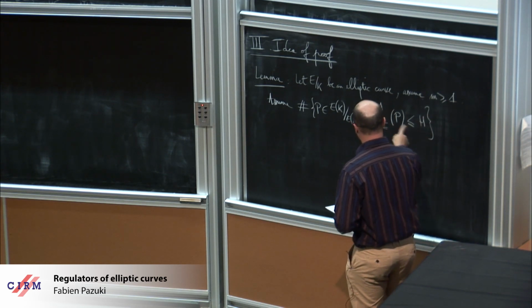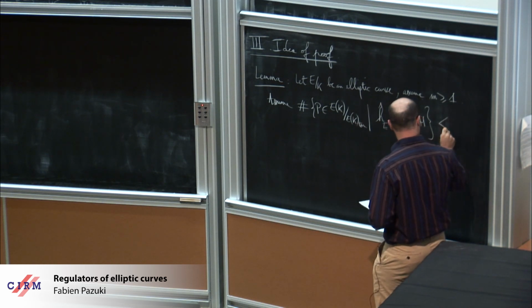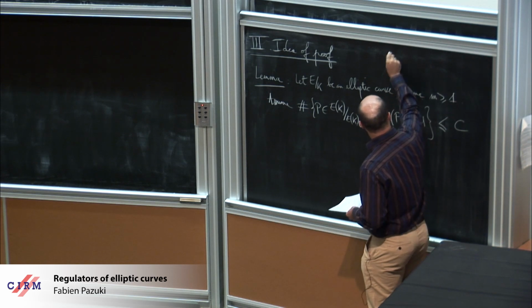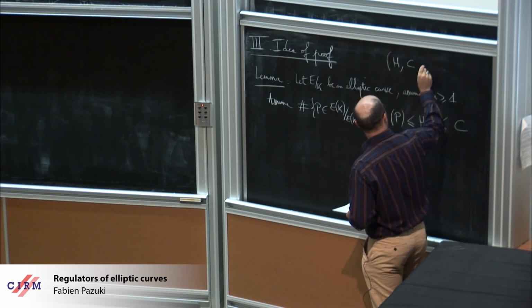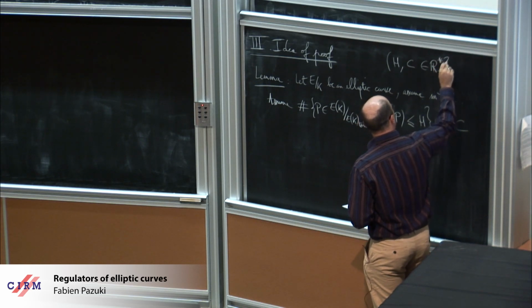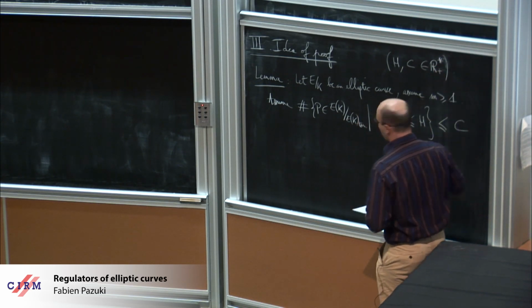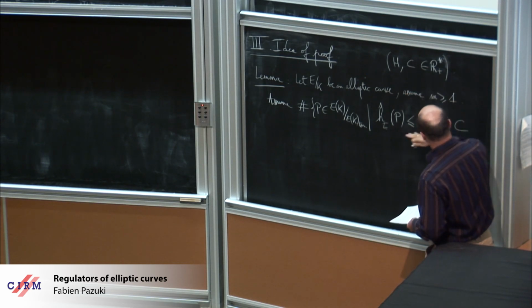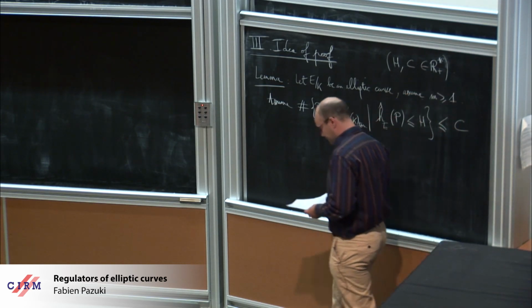So assume that the small points, modulo torsion, are controlled. H and C are positive real numbers that are parameters. Then you assume that you have a control on the number of small points.